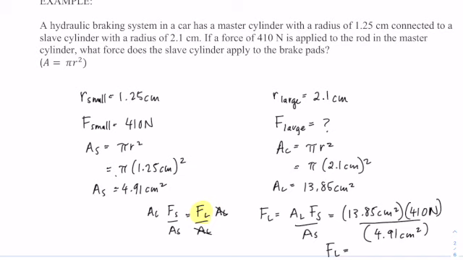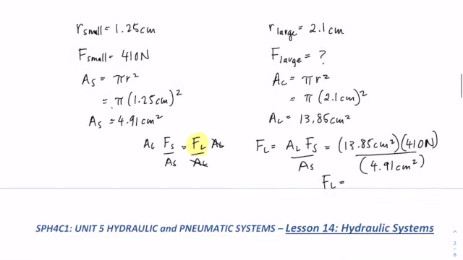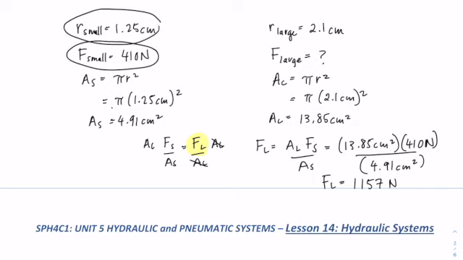We end up with a force of 1,157 newtons. So, applying a small force of 410 newtons on a small piston will amplify the larger piston and output a force of 1,157 newtons.